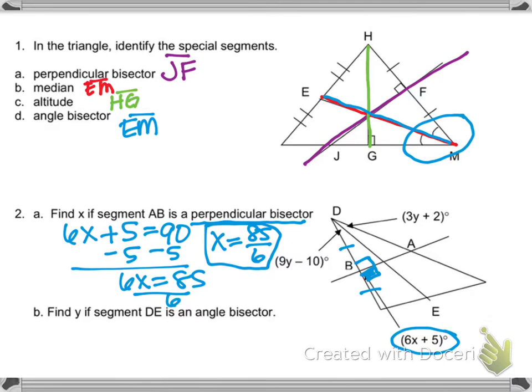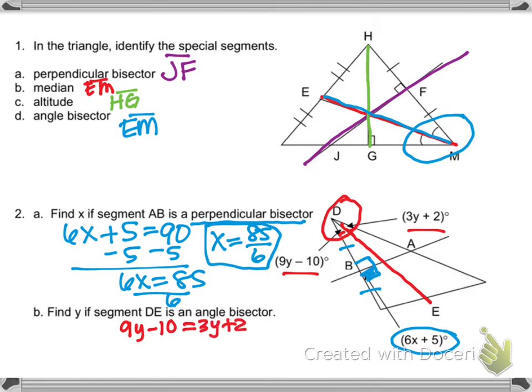Okay, part B is a little bit different. It's saying find Y if segment DE, so here's DE, is an angle bisector. So that little angle is getting cut in half, which means where the Y's are, those are going to be equal to each other. So I'm going to say 9y minus 10 equals 3y plus 2.